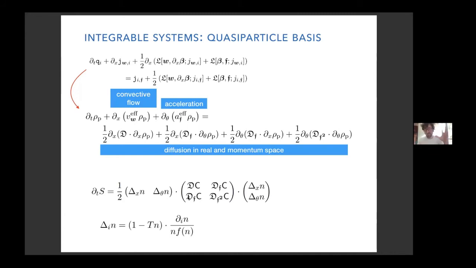Okay, let me just finish this technical part, and then we will stick to an example. As I showed before, in integrable systems, this equation that I wrote here is a generic hydrodynamic equation.